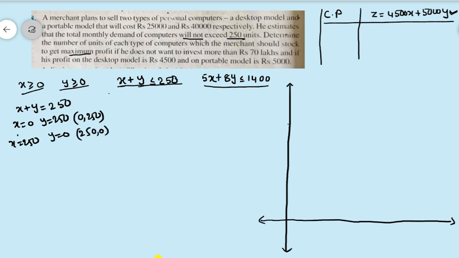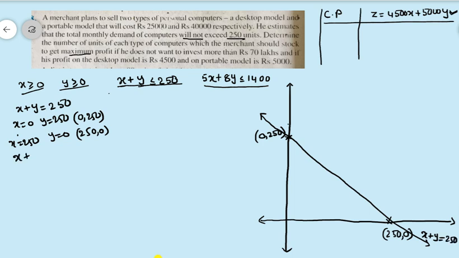You go somewhere here, the point 0 comma 250 on the y axis, and somewhere here the point 250 comma 0 on the x axis. Now join these two points, we are getting a straight line. The line equation is x plus y is equal to 250.